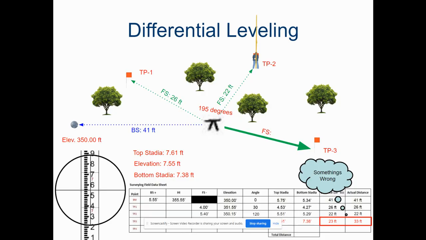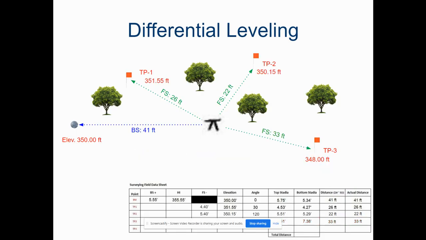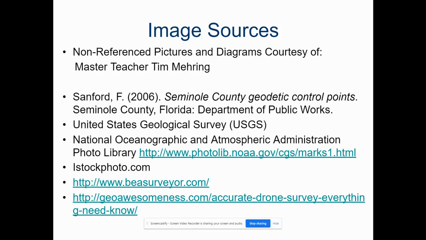Well, the thing that's wrong is the rod reading was wrong. Okay, the top stadia should have been 7.71, not 7.61. So you can go through this a little slower. There's the different references.